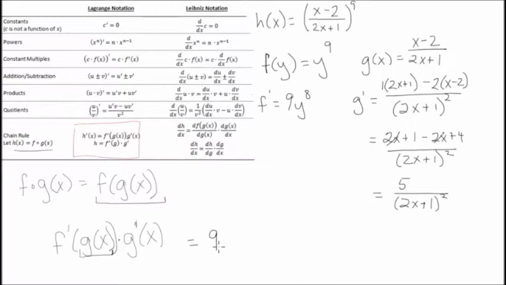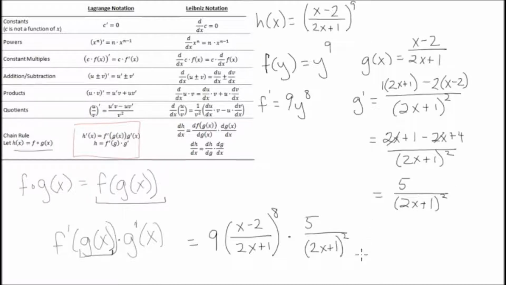I have 9 times, I'm going to substitute in g of x for y. So that's x minus 2 over 2x plus 1 quantity to the 8th times the derivative of g, which is 5 over 2x plus 1 squared.